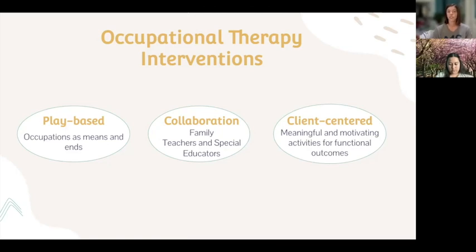And then teachers and special educators, when kids become school age, whether their therapy is in the clinic or in the school, we want to see the transfer of skills and their functioning in the classroom. And then, of course, being client centered. We want to use meaningful and motivating activities for functional outcomes. We want the kids to be actively engaged so we can get that transfer of skill and that learning to happen.